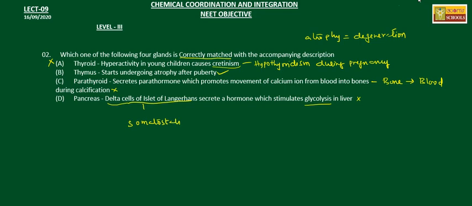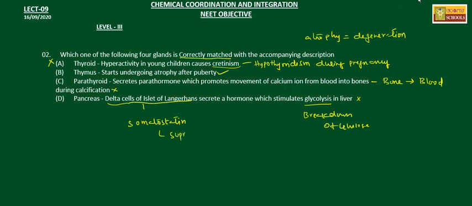They produce some somatostatin, whereas glycolysis is breakdown of glucose. So here the function of somatostatin is to suppress the production of insulin and glucagon.